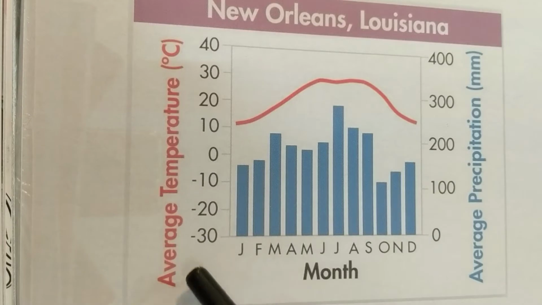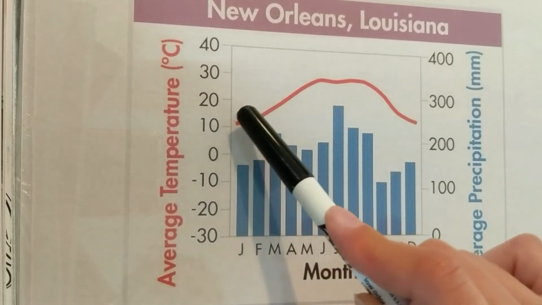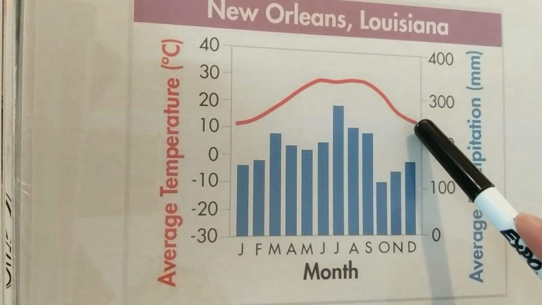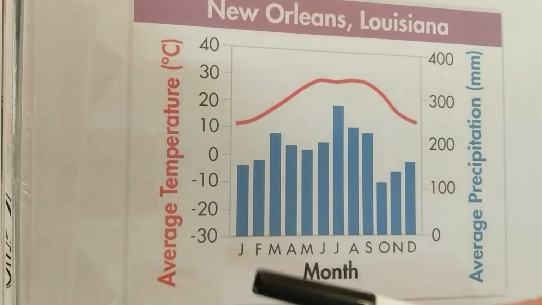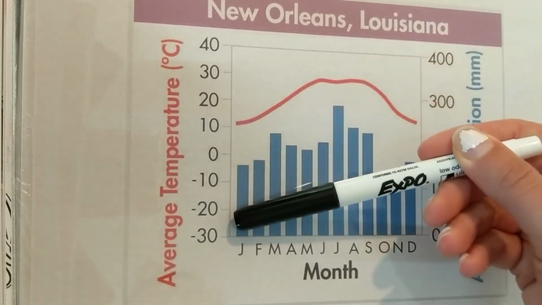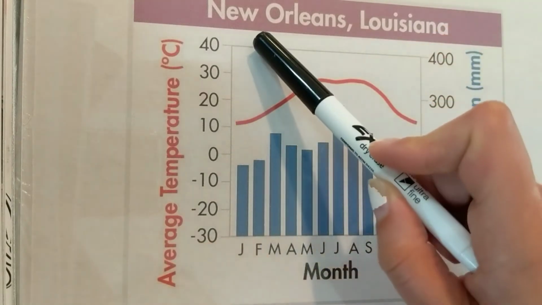Notice the average temperature is written in red, which is helpful because you probably haven't seen a graph like this before, and the red matches the red on the graph. On the left-hand y-axis, average temperature is measured from negative 30 degrees Celsius to about 40.